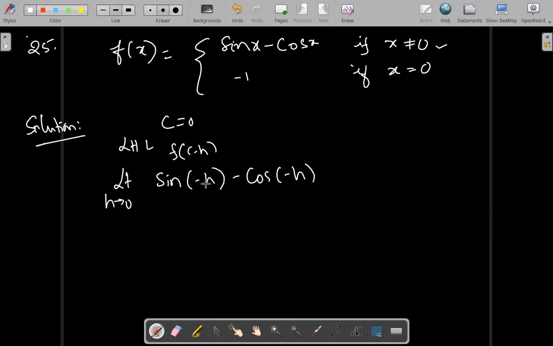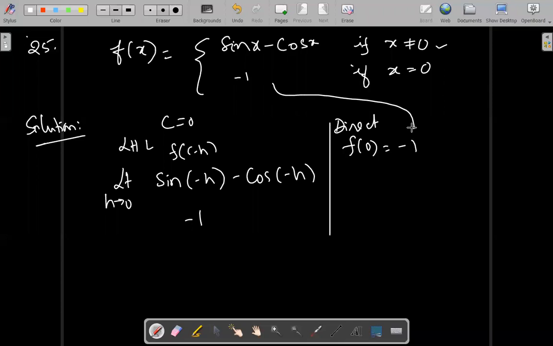So this will become sin 0 minus cos 0. So you will have the value minus 1. And for direct, f of 0, that's equal to minus 1.